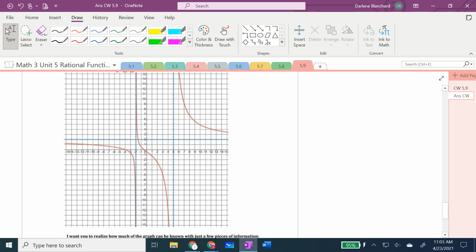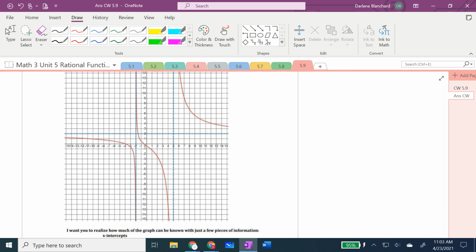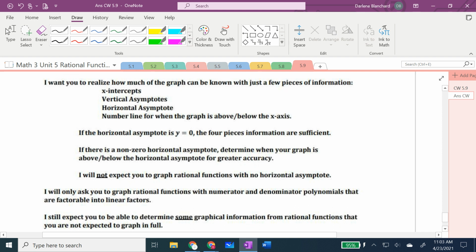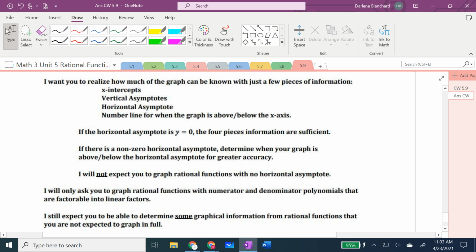This is how it actually looks. You just need to be close to that. You don't have to be getting exactly that. Then I wrote this here for you guys. This is what I expect.